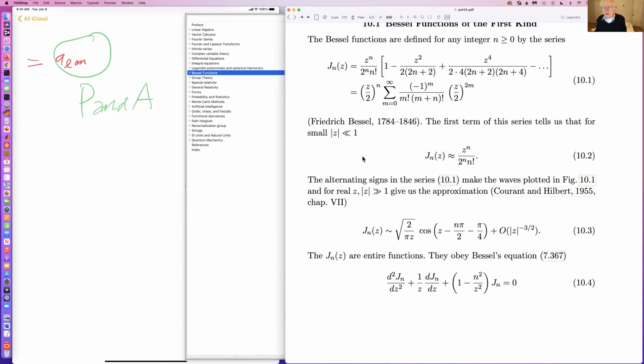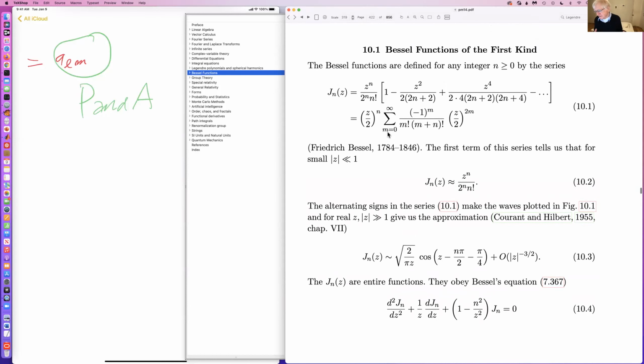Anyway, what are the Bessel functions? Well, there are several different kinds of Bessel functions, and the first kind and the simplest ones are defined for non-negative integers, and they're basically given by an infinite series like this.